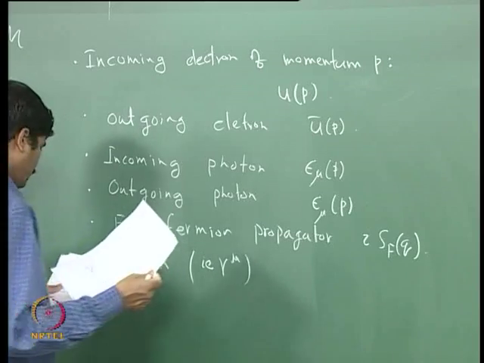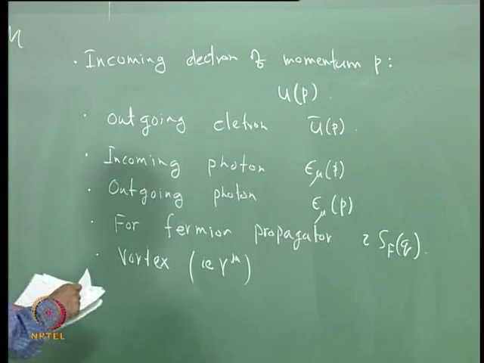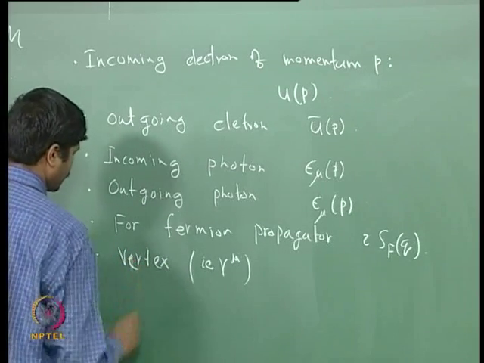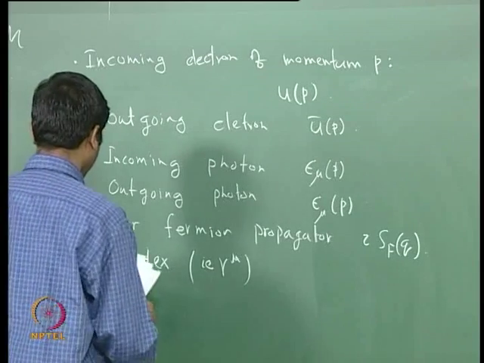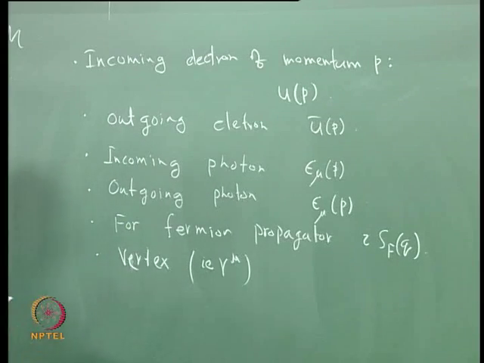So for each interaction vertex, if you follow this set of rules, then you can recover the amplitudes just by looking at these Feynman diagrams.